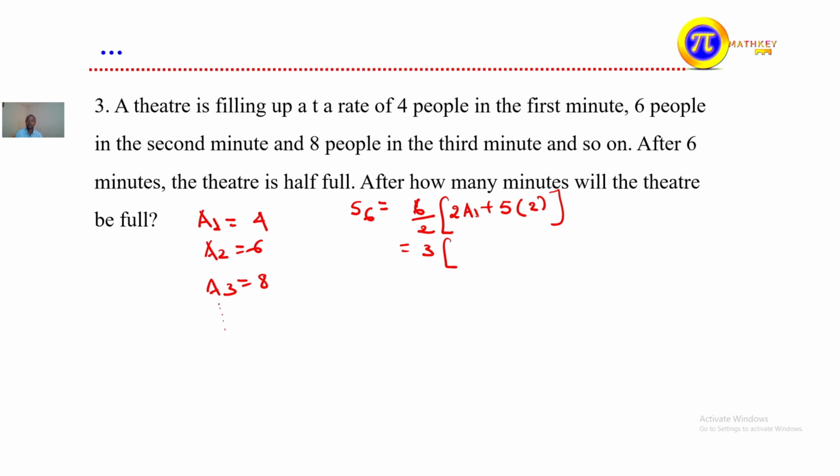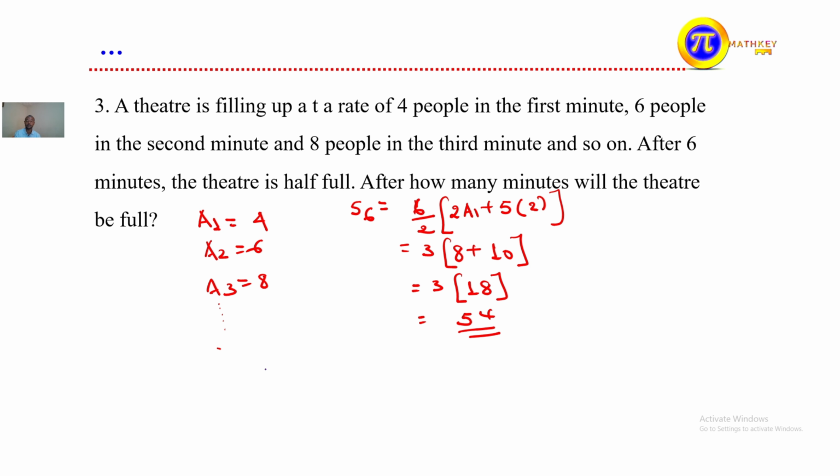That is 3 times (8 plus 10), which is 3 times 18, and the product becomes 54.